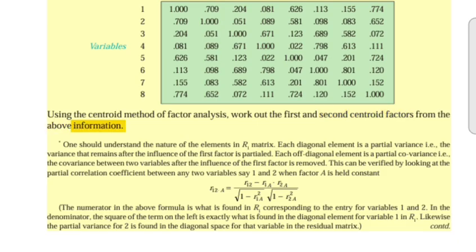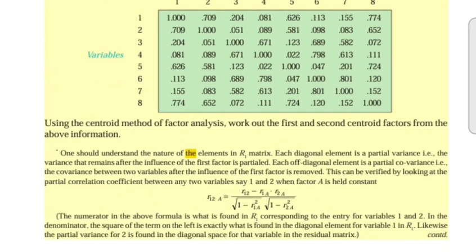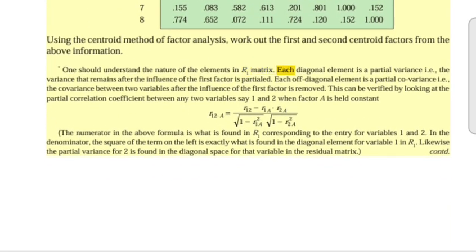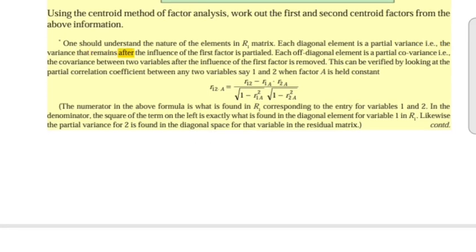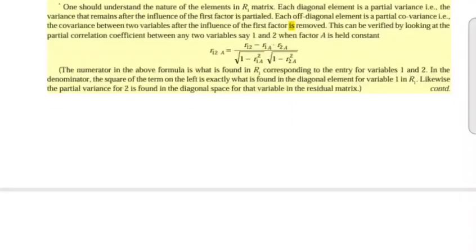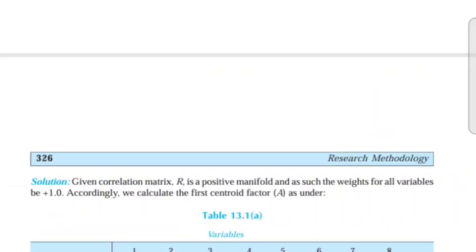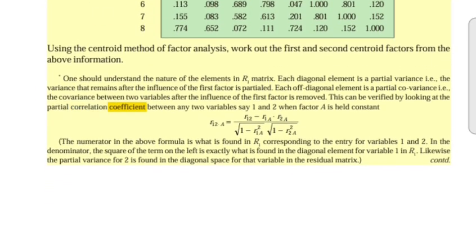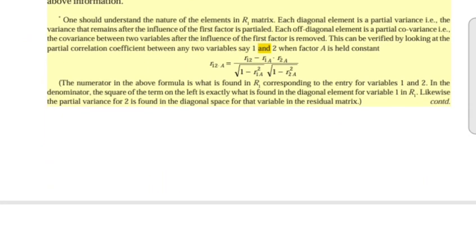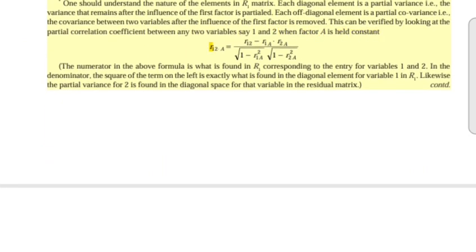One should understand the nature of the elements in the R1 matrix. Each diagonal element is a partial variance, i.e., the variance that remains after the influence of the first factor is partialled. Each off-diagonal element is a partial covariance, i.e., the covariance between two variables after the influence of the first factor is removed. This can be verified by looking at the partial correlation coefficient between any two variables, say 1 and 2, when factor A is held constant.